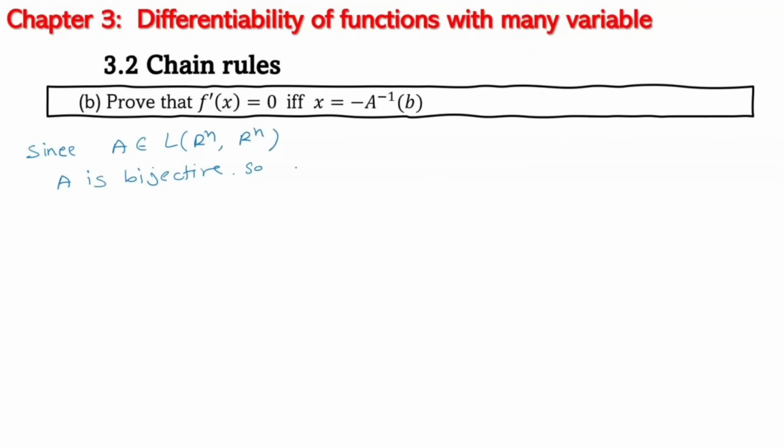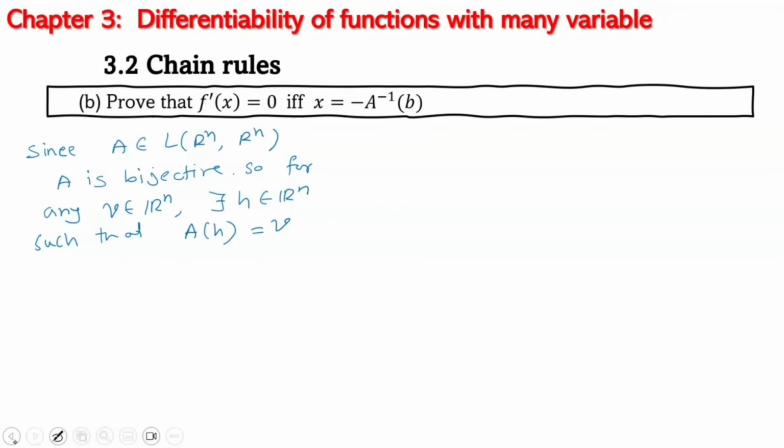So for any v belongs to Rn, there exists h belongs to Rn such that Ah is equal to v, as shown in the previous slide.